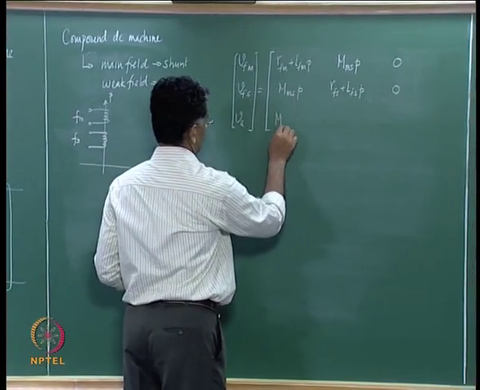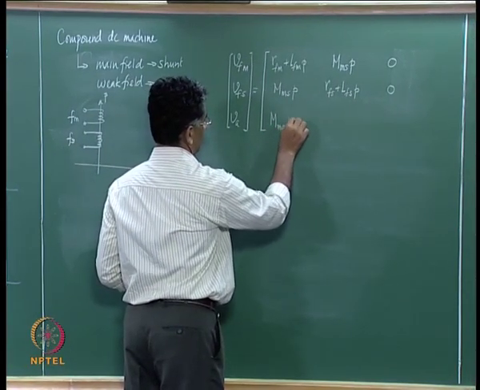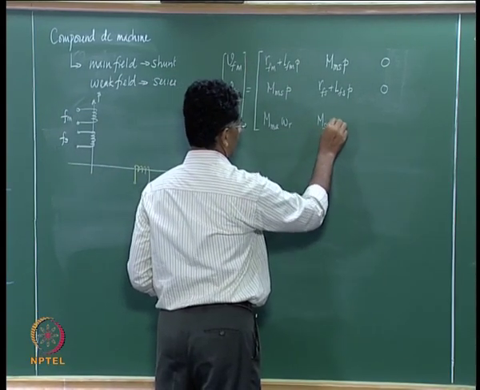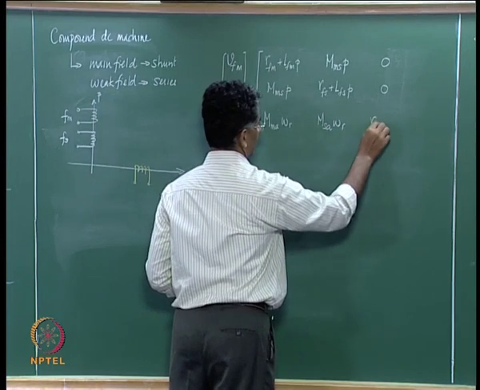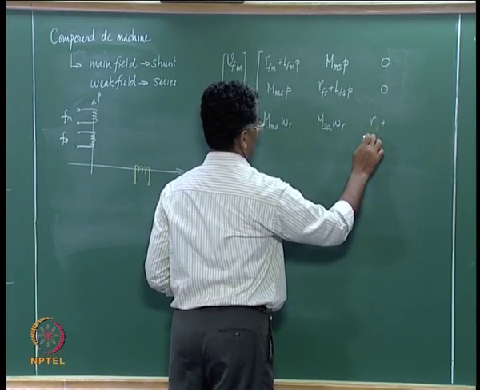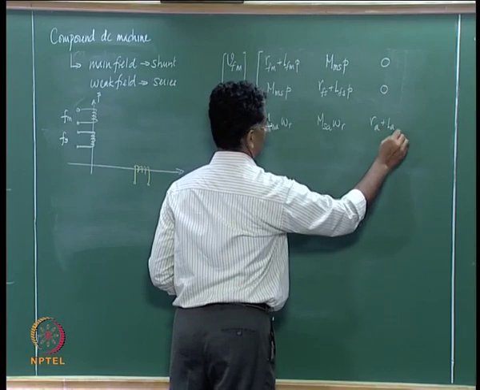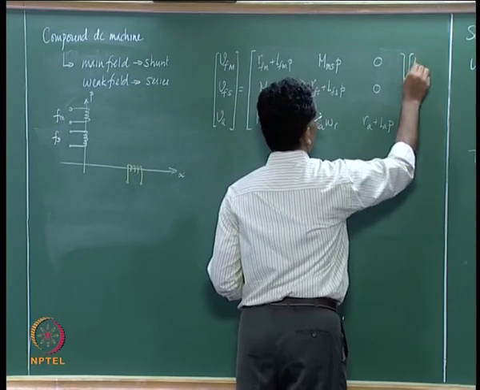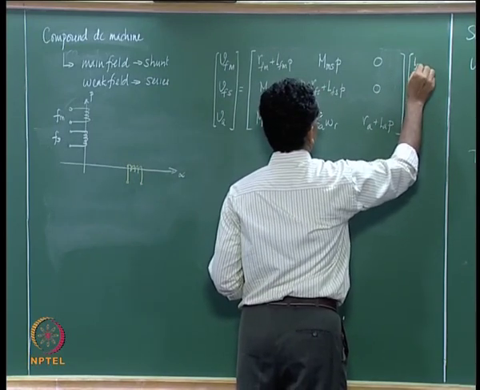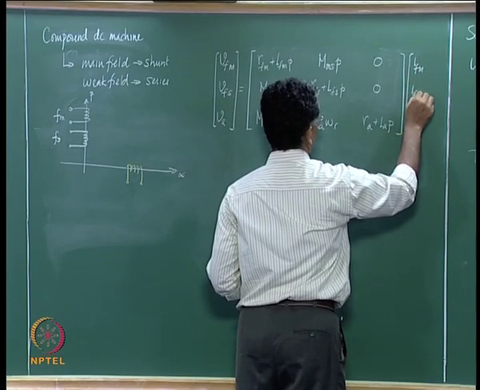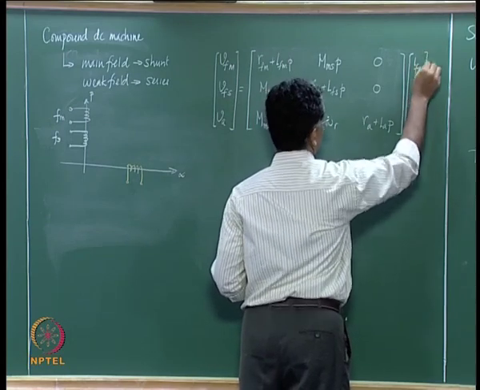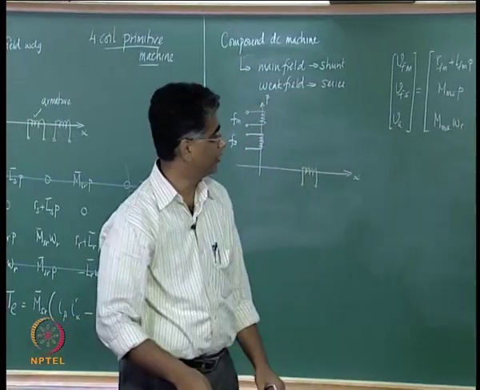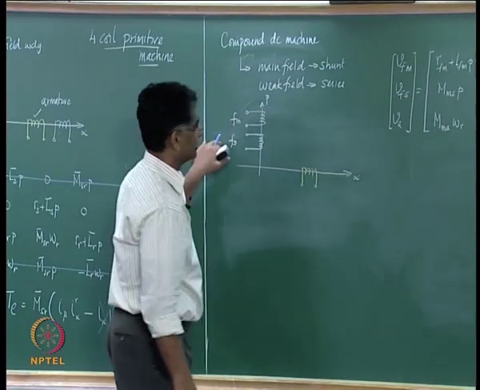So, M MA into omega r and then M SA into omega r, and then you have RR plus RA plus LA P, and then you have IFM, IFS and IA. So, this is then the electrical system equation for this machine.